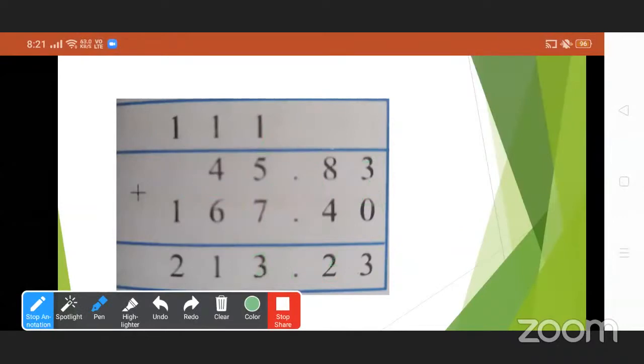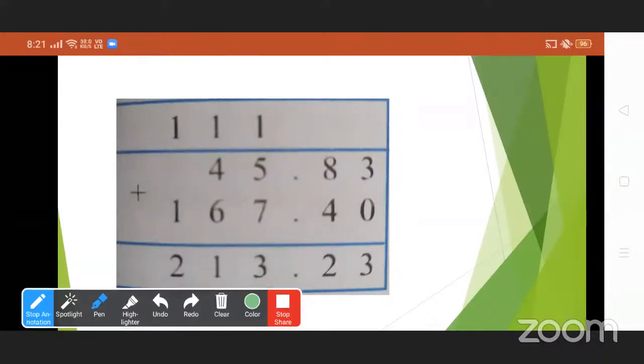See here: 3 plus 0 is 3. 8 plus 4 is 12, so we will write 2 and carry over 1. 5 plus 7 is 12, 12 plus 1 is 13, so we write 3 and carry over 1. 4 plus 6 is 10, 10 plus 1 is 11, and we write 1 and carry over 1. 1 plus 1 is 2.